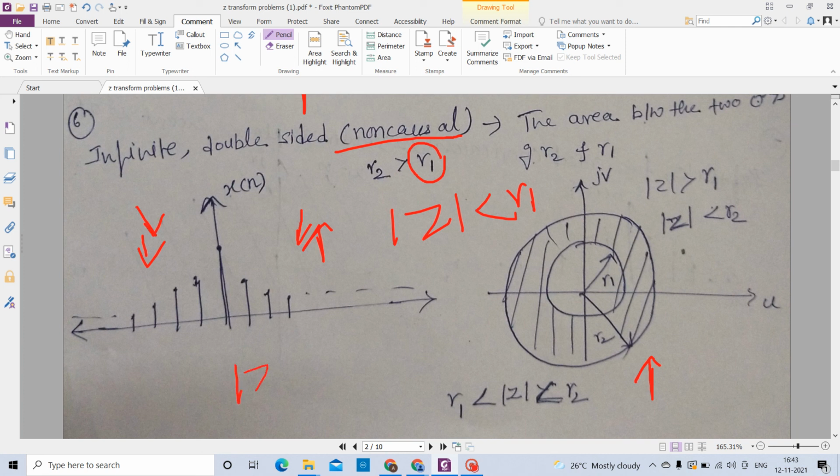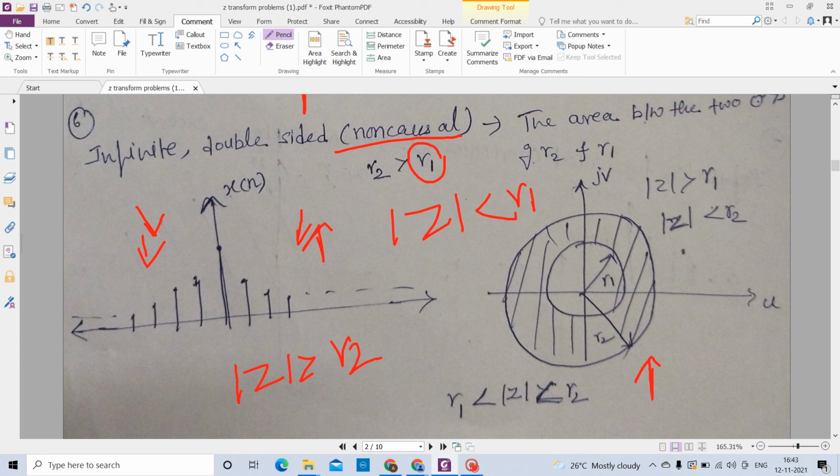If the magnitude of z is greater than r2, it is a right hand side sequence. Here we take r1 less than r2, so the first circle is r1 and the second circle is r2.